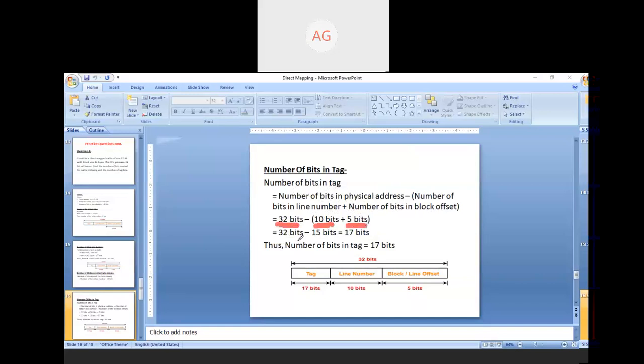So the number of bits in the tag is 32 minus 15, which is 17 bits. So the tag is 17 bits. This is the final figure. Just draw this figure in your copy.